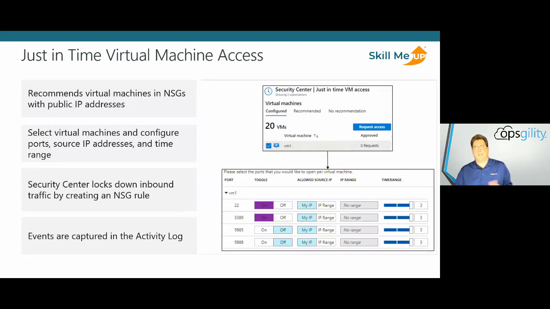Just-in-time virtual machine access is important to understand here, and this comes along with the Defender On type service, or what used to be the standard service. It recommends, like we were talking about with Bastion Host, the just-in-time virtual machine access gives you RDP access for a limited amount of time, generally up to 3 hours, and you can specify a specific IP range so only you can utilize that port and not expose it to the internet.